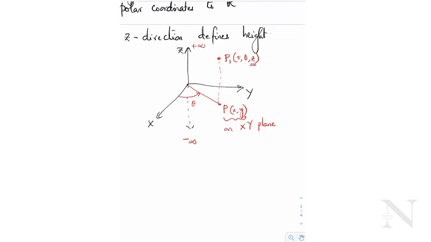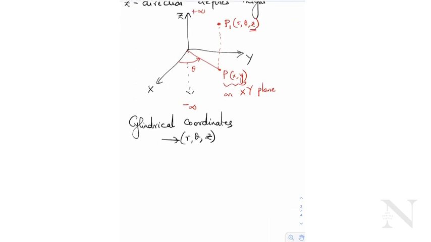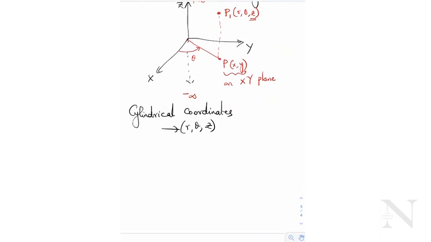So cylindrical coordinates is defined in terms of r, theta, and z. And that's why it's such an easy extension of polar coordinates. All you're giving is an extra letter there for the height.